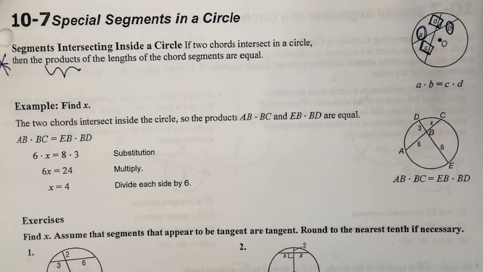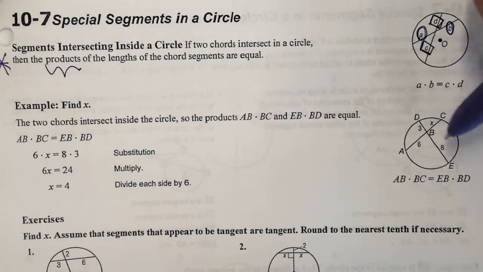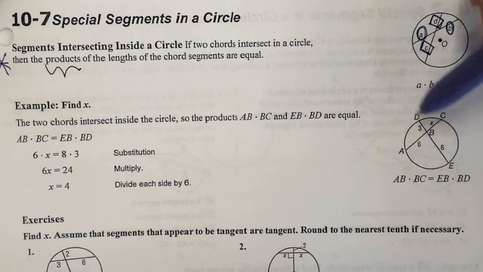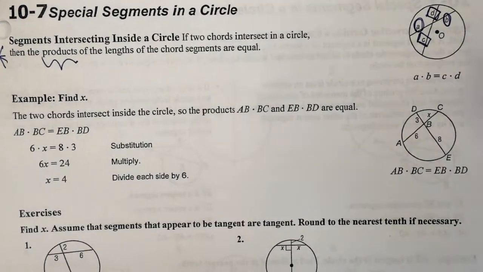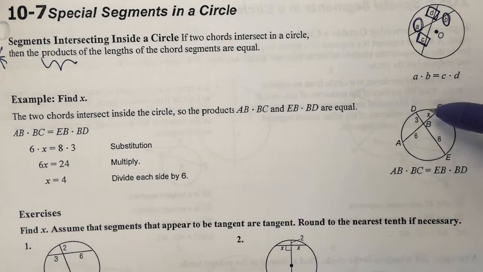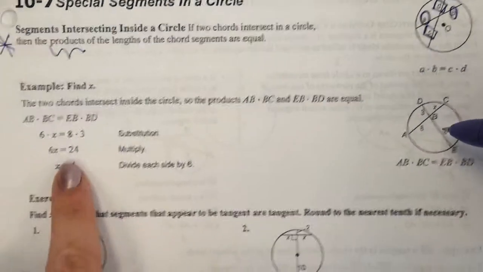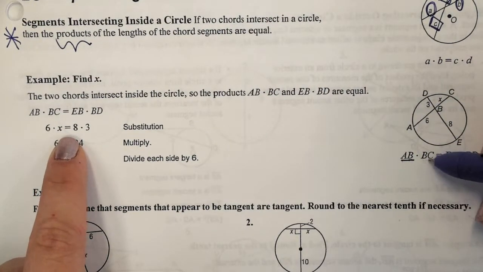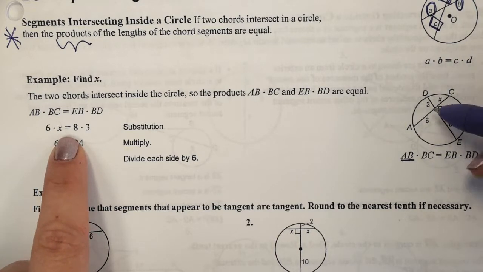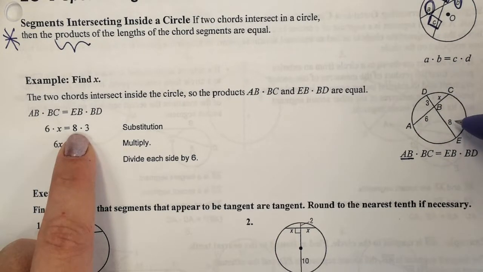In order to find x and the lengths of the chords inside the circles when they intersect, you have to set the products of the chords equal. For example, this chord is made up of 3 and 8, and 6 and x is the other chord. You take 6 times x and set it equal to 3 times 8.